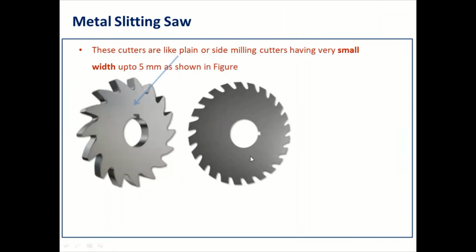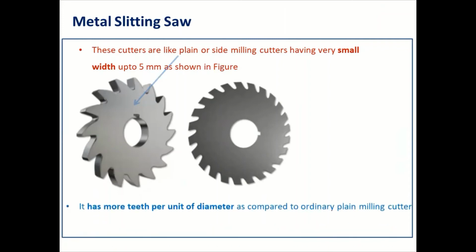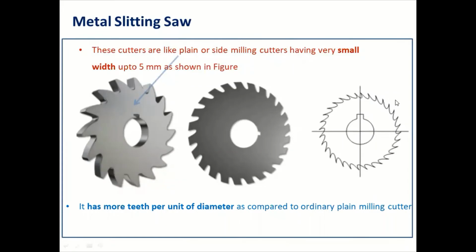We are reducing the width up to 5 mm. So it has more teeth per unit of diameter. What it means, you can see in this diagram: over this periphery, the number of teeth is more as compared to plain cutters.